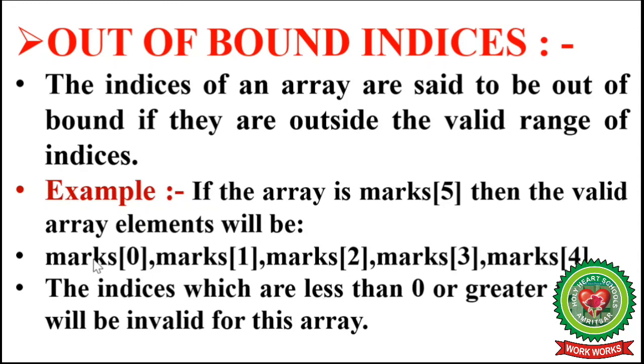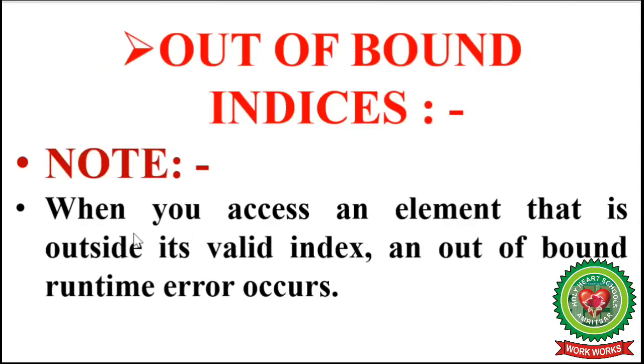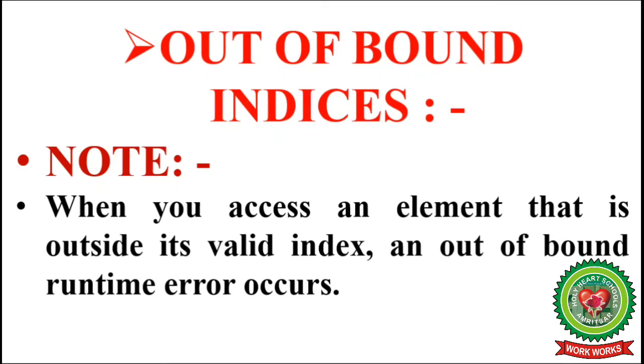The indices which are less than 0 or greater than 4 will be invalid for this array. For example, if I say marks[6], then it will give me a runtime error, that is out of bound indices. Note, when you access an element that is outside its valid index, an out of bound runtime error occurs.